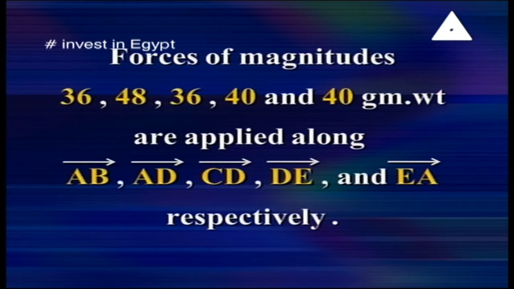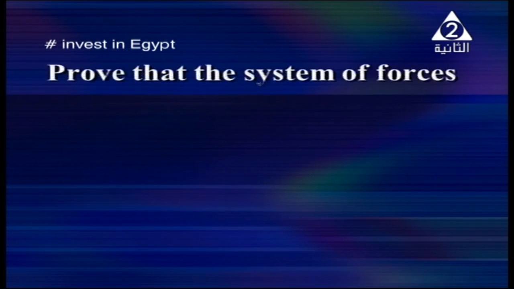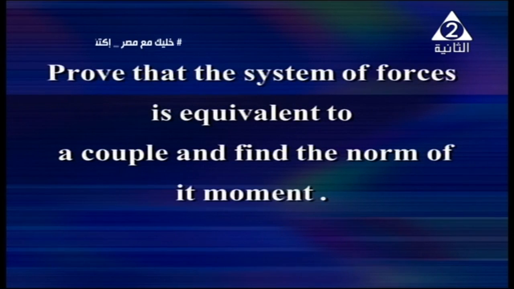Forces of magnitudes 36, 48, 36, 40, and 40 gram weight are applied along ray AB, ray AD, ray CD, ray DE, and ray EA, respectively. Prove that the system of forces is equivalent to a couple and find the norm of its moment.